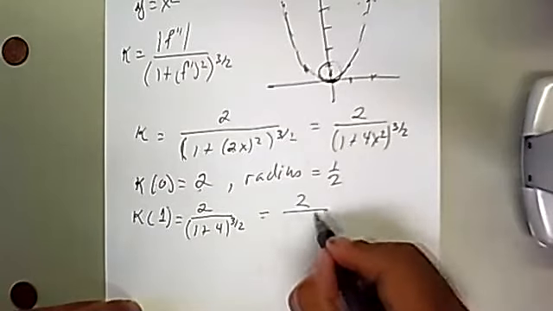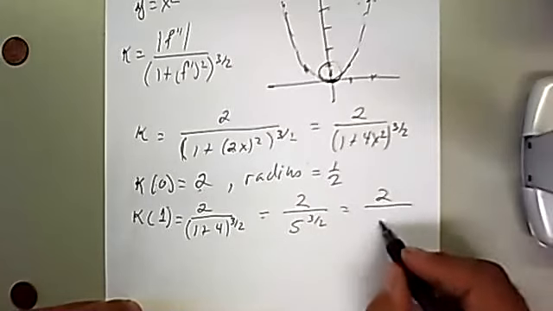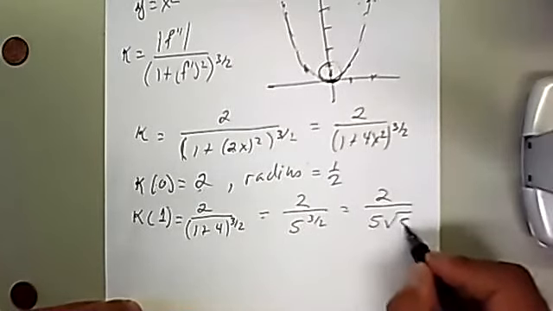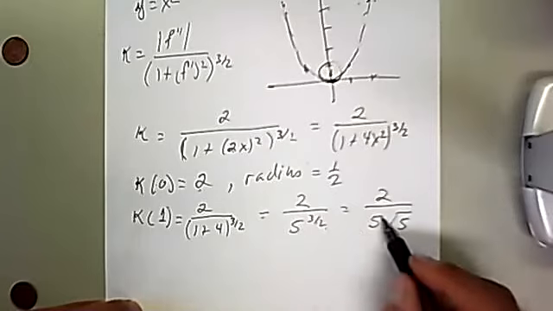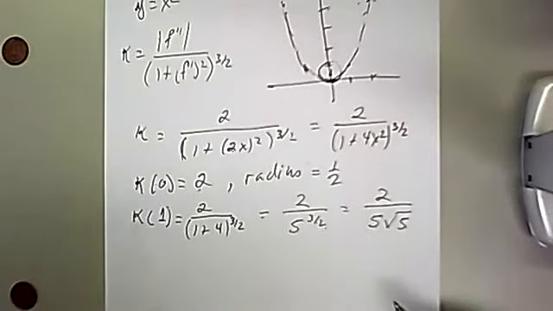That is 2 over 5 to the 3/2. Oftentimes, I rewrite this as 5 root 5, because 3/2 is 1.5. There's the 5 to the 1 and 5 to the 1/2. I think I figured that out earlier. 2 over 5 times the square root of 5 is about 0.18.